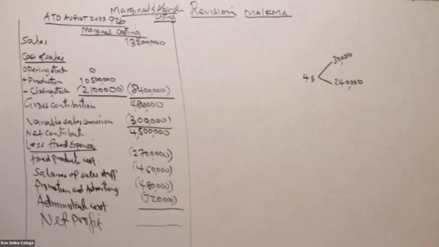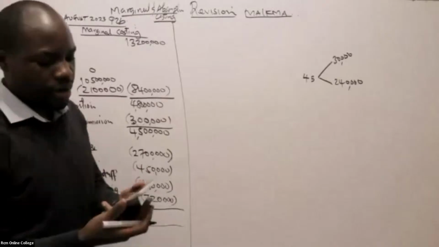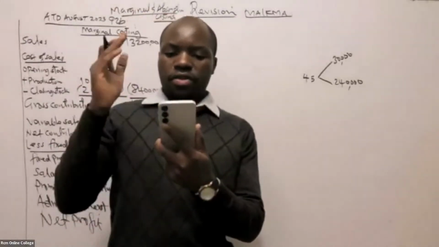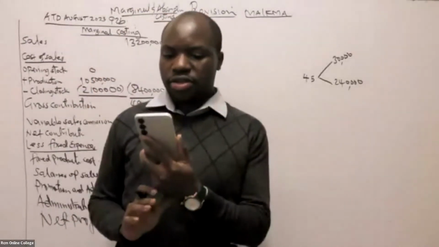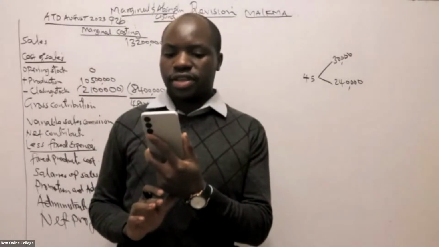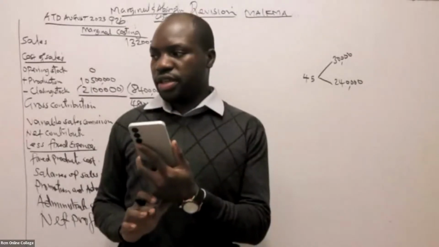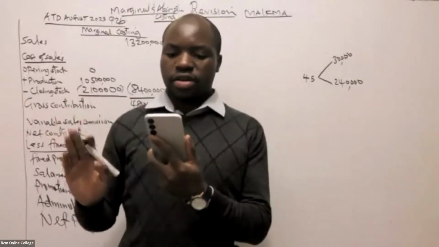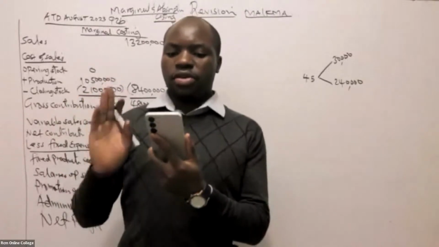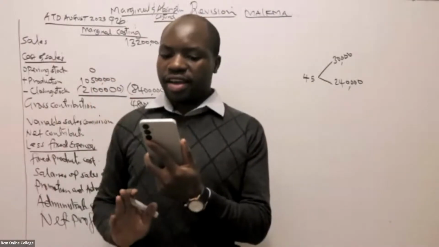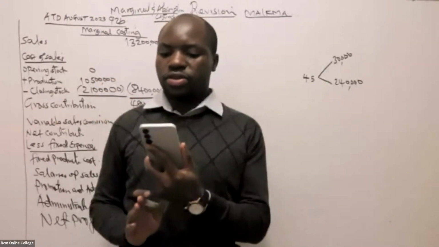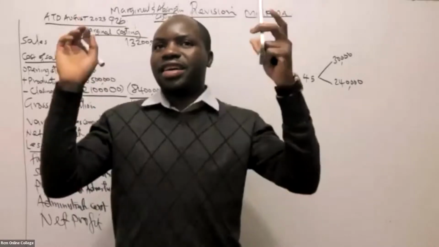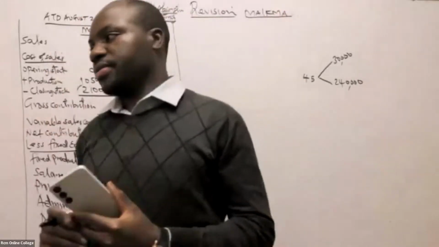How did we get 2,700,000? Now, if you look at our table, we are having production, sales, production costing card. Are you able to see the production costing card? We have direct material, direct labor, variable overheads, then the fixed overheads. We have 2,700, and the figures are given in thousands.